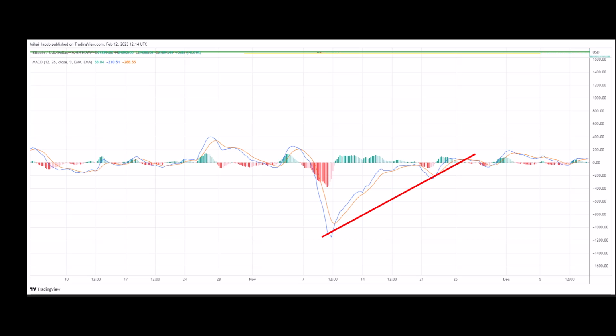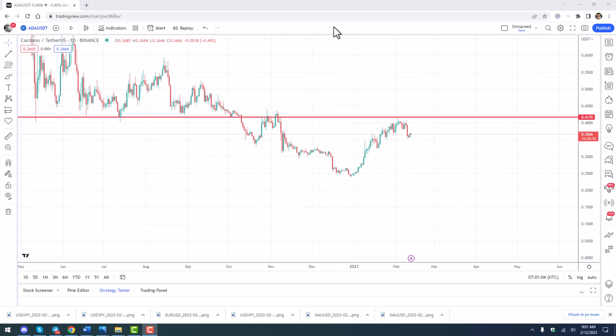On the other hand, a bearish divergence occurs when the asset is making new highs, but the MACD is not confirming those highs. This can be a signal that the uptrend is losing momentum and the downtrend may be emerging. And now let's see how we combine these two.